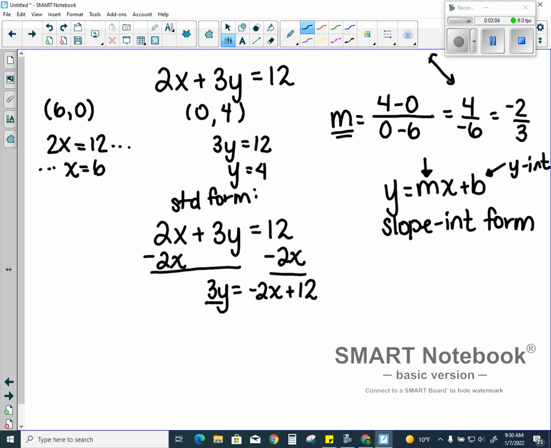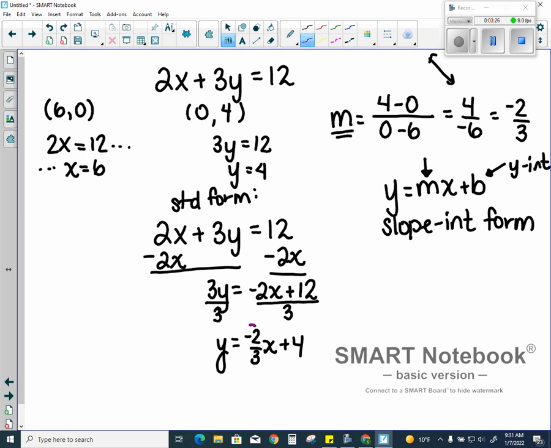The next step is to divide by that coefficient, so divide by the 3. Okay, third step, I guess you could say 3 steps, is simplify. I can split this apart. I have negative 2 over 3 times x plus 12 over 3 is 4.